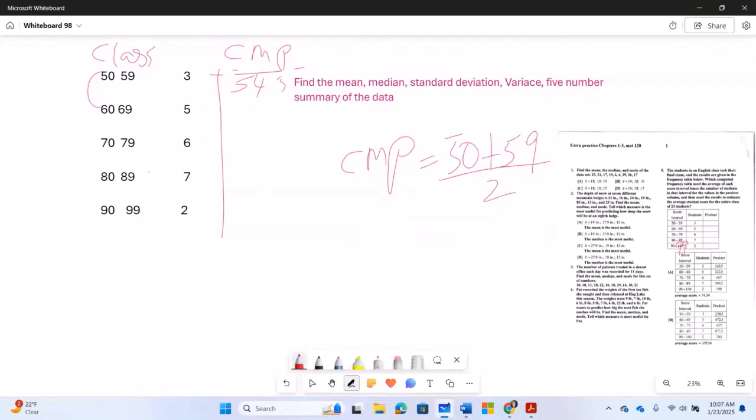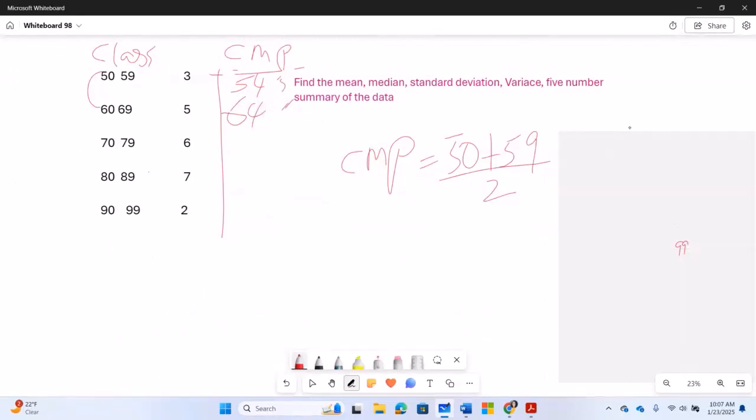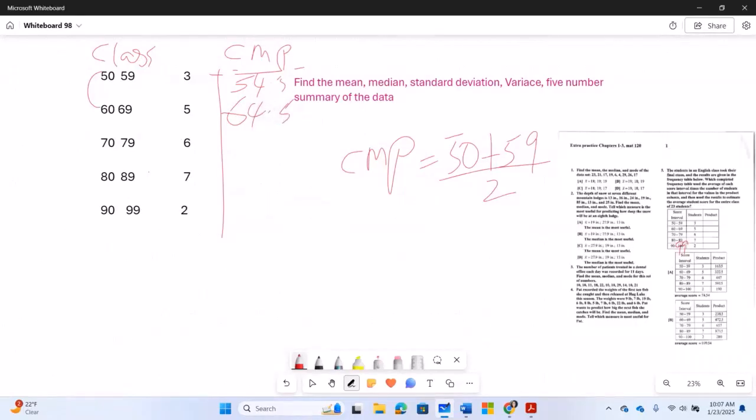So now I'm going to find the remaining class midpoints. 54.5 plus 10 is 64.5. 64.5 plus 10 is 74.5. 74.5 plus 10 is 84.5. 84.5 plus 10 is 94.5. Okay, so I found all the class midpoints.